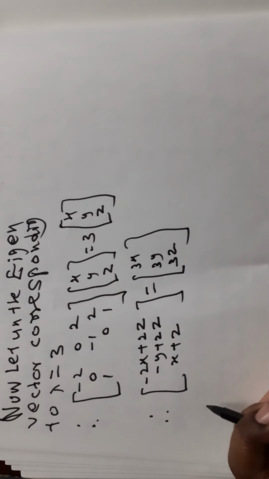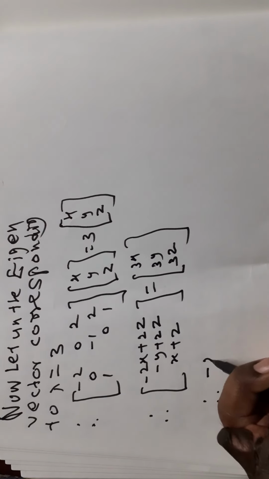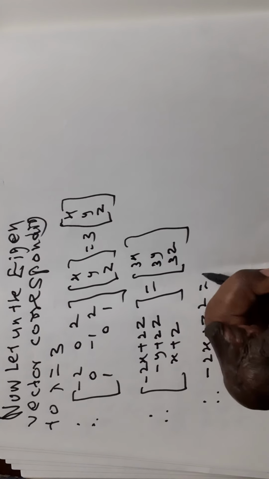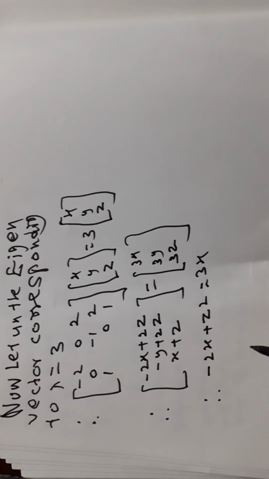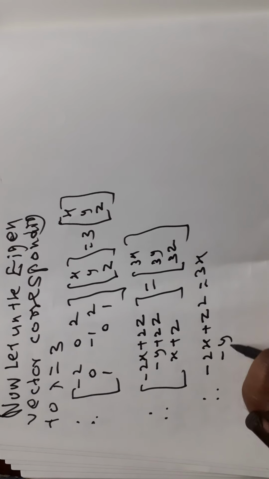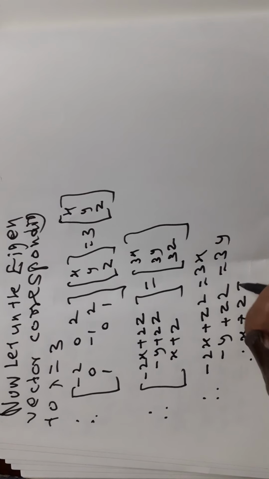Therefore minus 2x plus 2z is equal to 3x, minus y plus 2z is equal to 3y, and x plus z is equal to 3z.